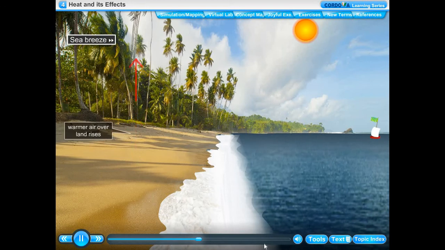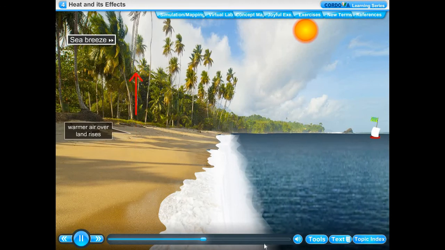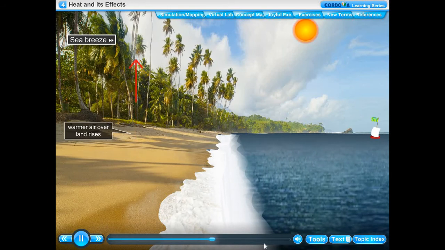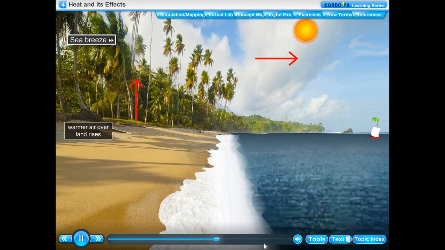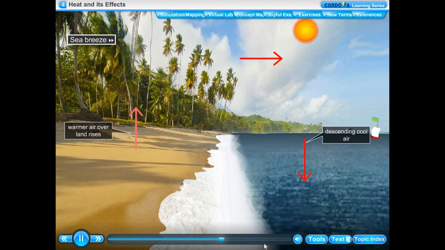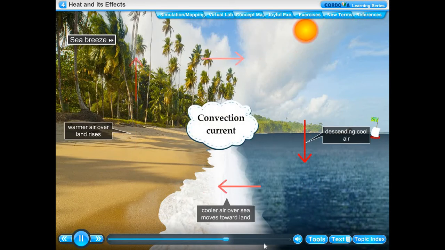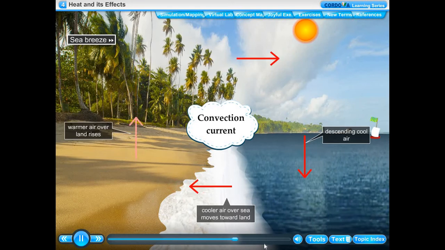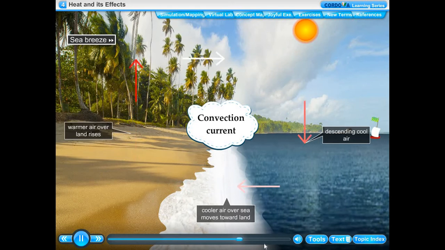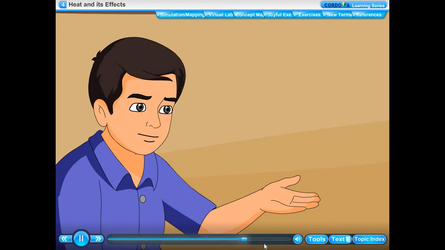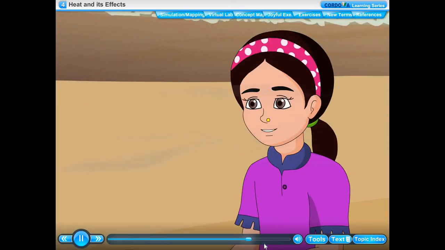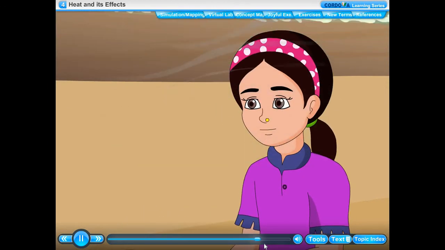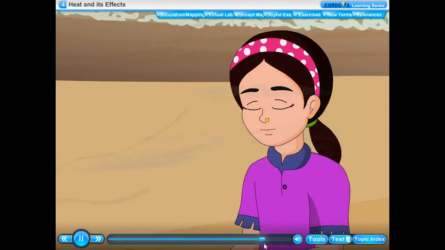Thus, the air above the land surface, being heated, expands and rises up. The cooler air above the sea surface blows towards the land to take its place. This sets up convection currents. So the cool air from the sea blowing towards the land is called sea breeze.